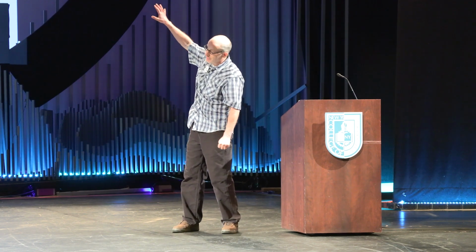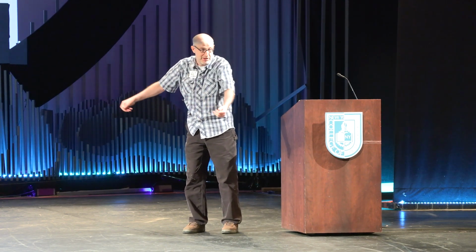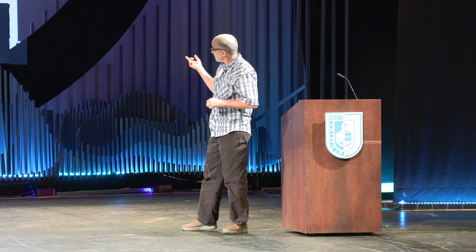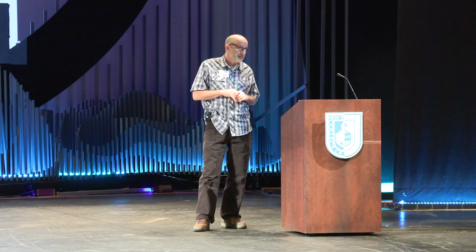Once you have a feedback loop, as I mentioned earlier, you open the door for self-accelerating positive feedback. Here, we have two feedback pathways, clockwise and counterclockwise, and perhaps those together might explain why we see accelerated evolution in mimetic systems.